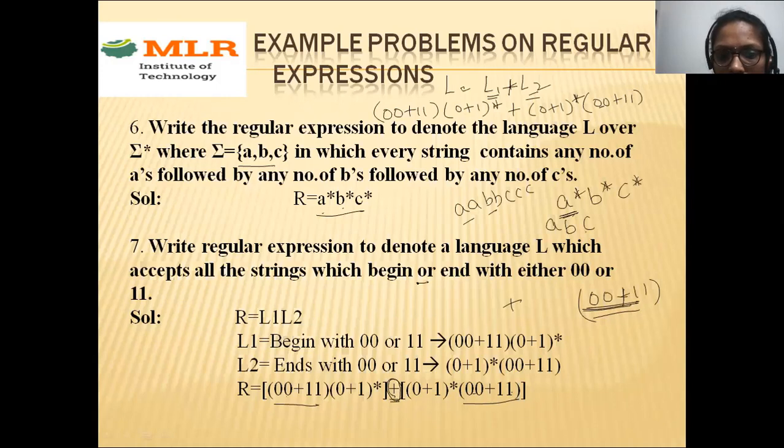In the question itself they have mentioned R. So you need to consider only one here, either this one or this one. It may start with that one or end with that one. That's why you're combining two expressions here. This is actually L1 plus L2, not L1 into L2. L1 or L2: you need to consider the L1 language or the L2 language.